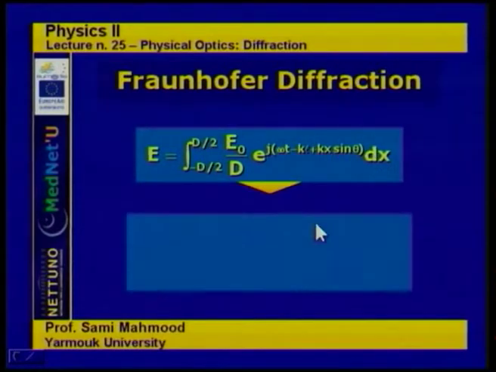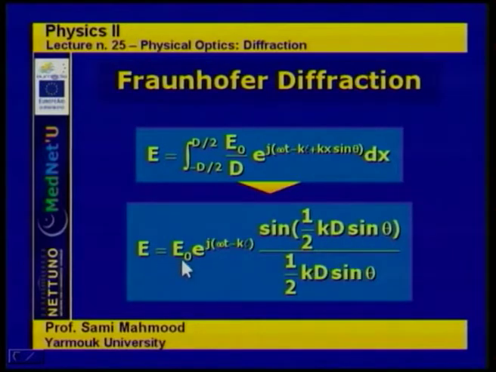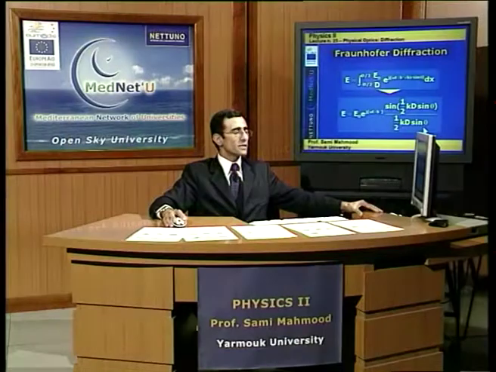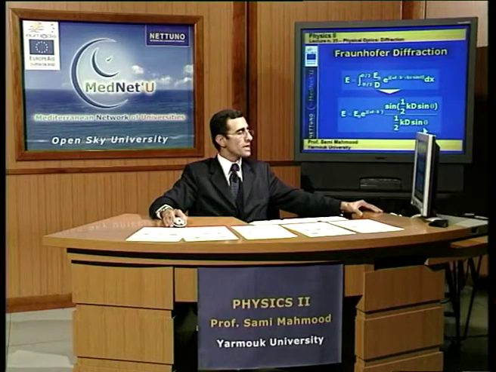If we perform this integral, we get E equal to E naught e to the j (omega t minus kl), which doesn't have an x in it. Then we integrate the remaining factor, e to the j kx sine theta, with respect to x from minus d over 2 to d over 2, and we get the factor sine of 1/2 kd sine theta over 1/2 kd sine theta. This is the amplitude E.